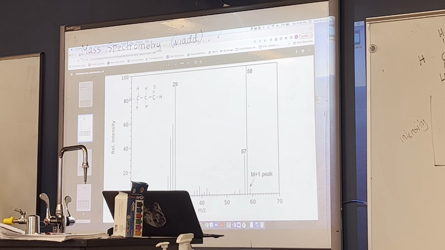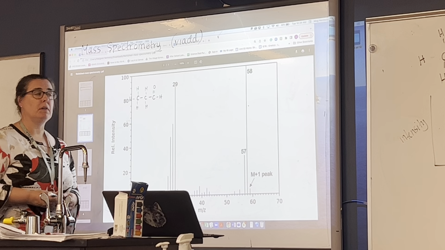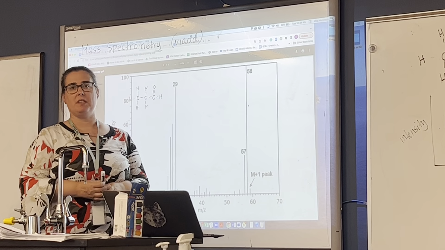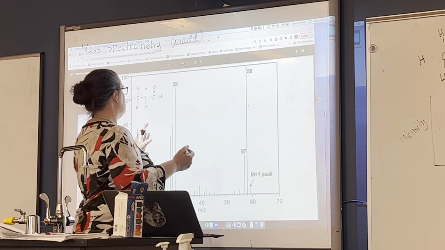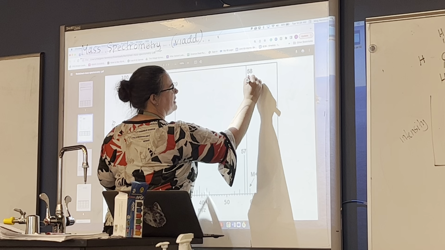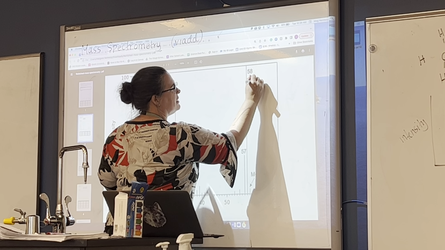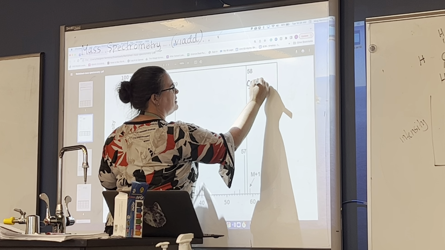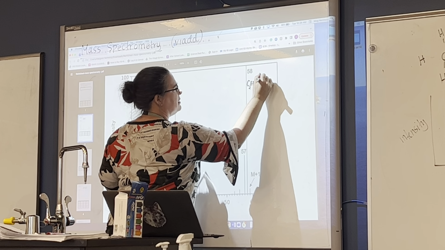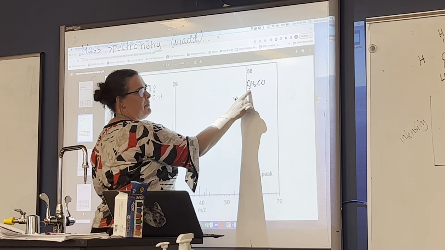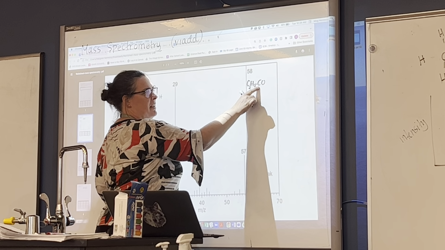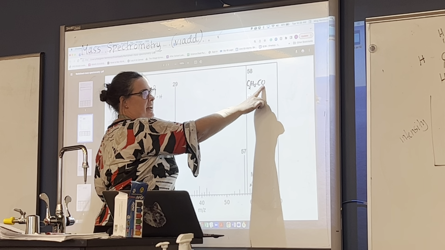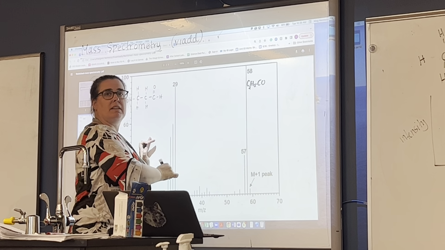Like the identity of the fragment? Yes, what is the identity of the fragment for the peak of 58? C2H5CO plus. I don't think you counted right. CO plus. So if I add that up, I get 29, and then 12 more is 41, 57. This is 58.